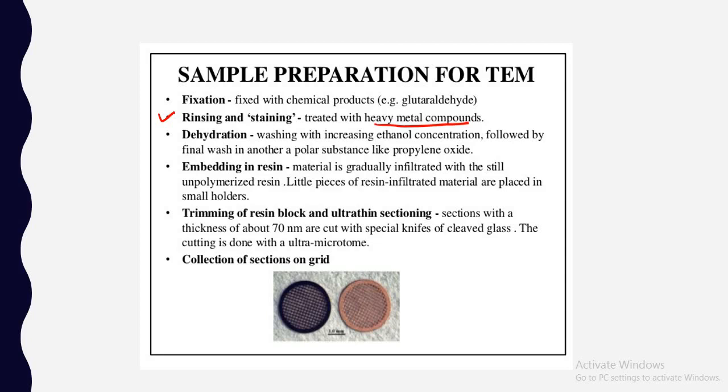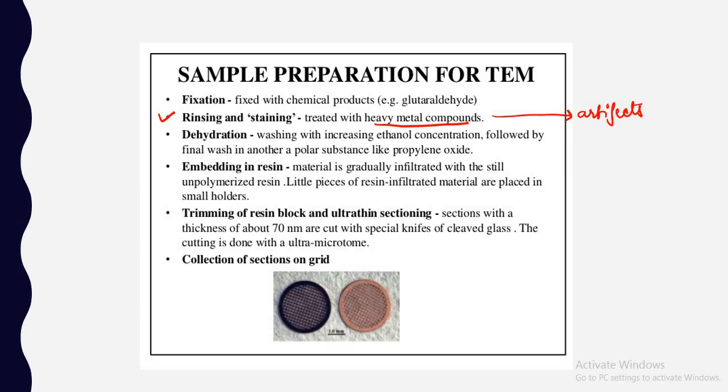Why so? Because whenever you treat it with these harsh chemicals and metals, they form artifacts, and artifacts are any deviation from the real shape of the image. So artifacts are formed because of the heavy metal staining and harsh chemicals. This also kills the live sample.